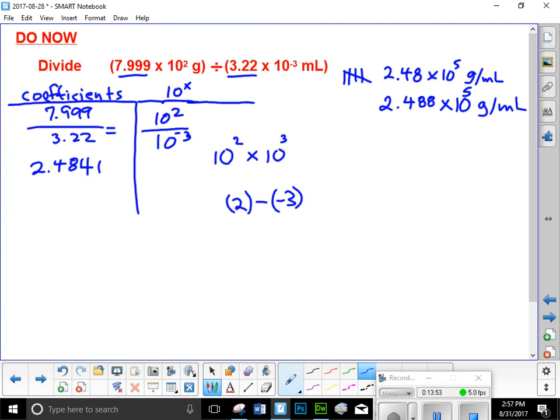Yes, and we're minusing a minus 3. I just want you to see what's going on. This comes out to 2 plus 3, because a minus times a minus is a plus.